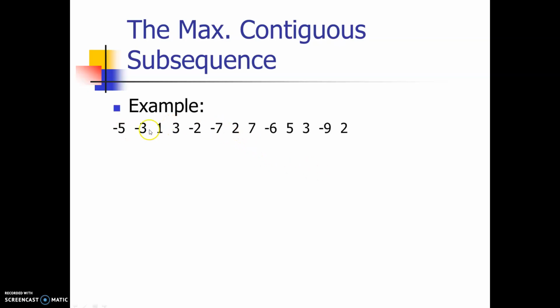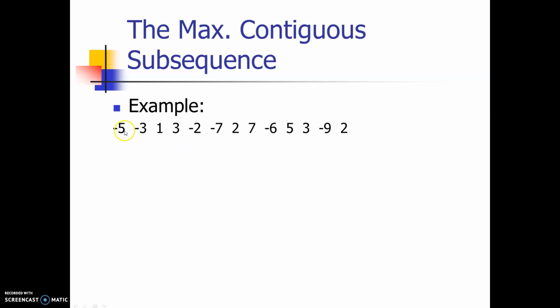In this example, we have several numbers over here. Some of them are positive and some of them are negative. Again, the problem is that we want to find the maximum contiguous subsequence that gives us the highest value of the sum. So let's take a look.